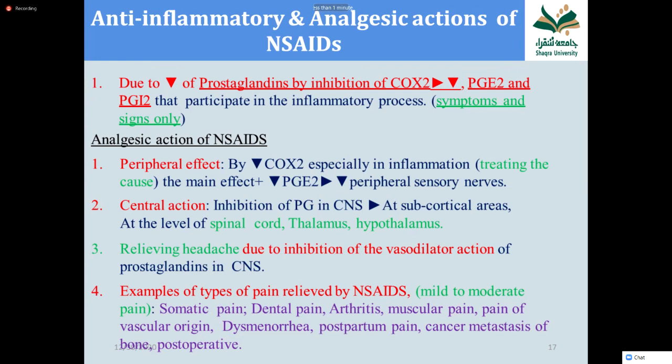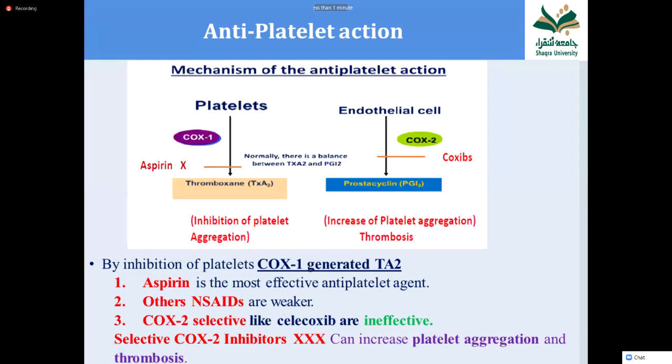That's why a question is asked: what is the mechanism by which these NSAIDs act in relieving headache? Besides this, other types of pain such as mild to moderate somatic pain, dental pain, arthritic pain, or pain due to vascular origin, dysmenorrhea, postpartum pain, cancer metastasis of bone, and postoperative pain can be inhibited by NSAIDs.